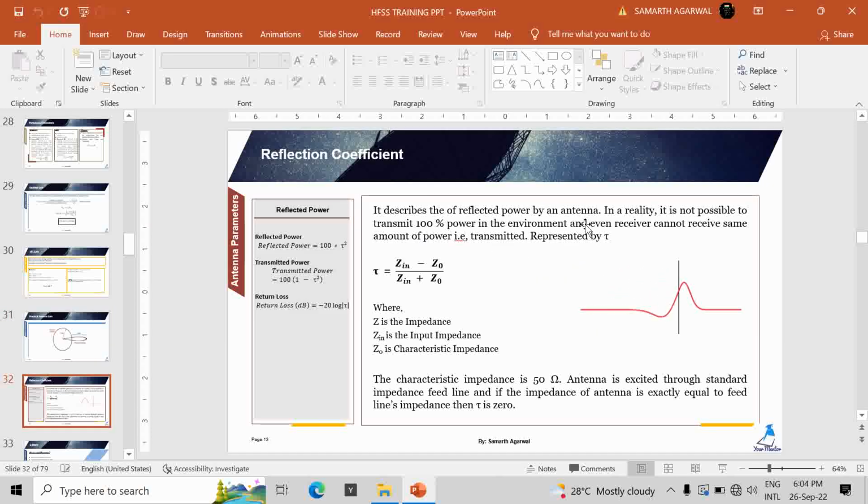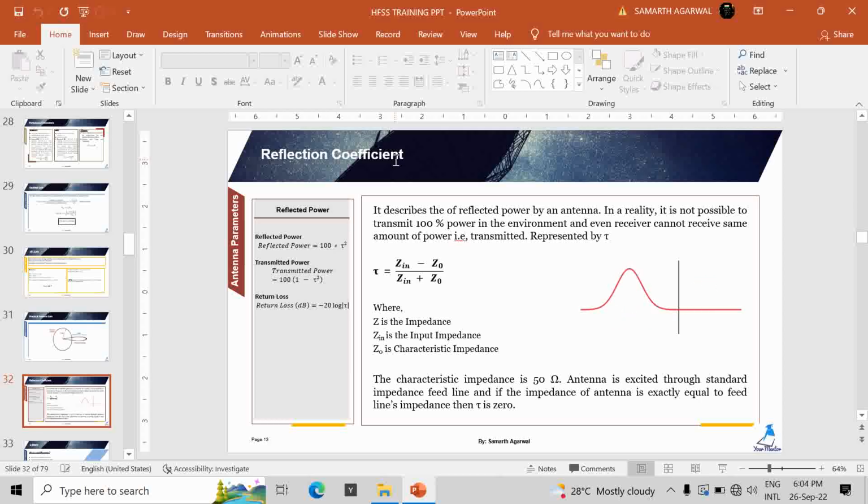Now the next comes reflection coefficient. Reflection coefficient is nothing but the reflected part: we give some input power and it has a reflection. In case of an antenna, whatever voltage we give, it reflects back. So this kind of parameter is called the reflection coefficient.